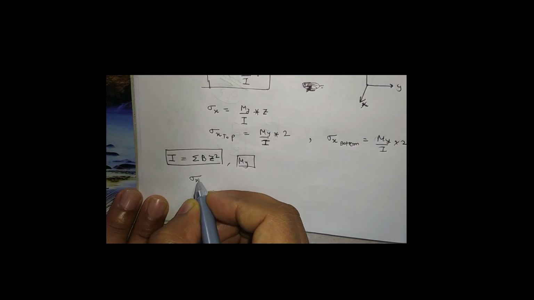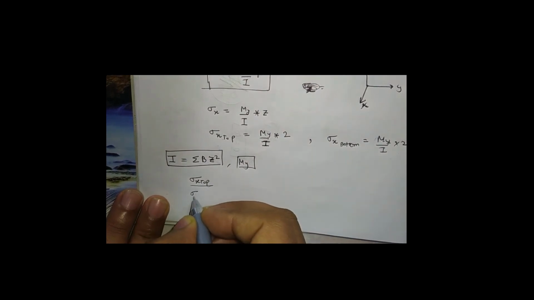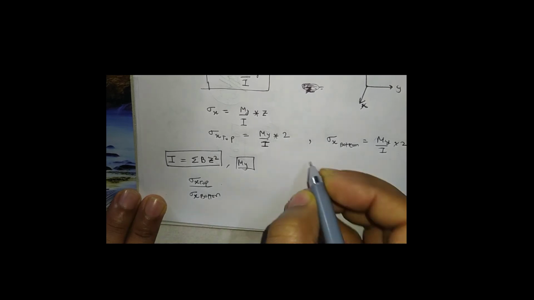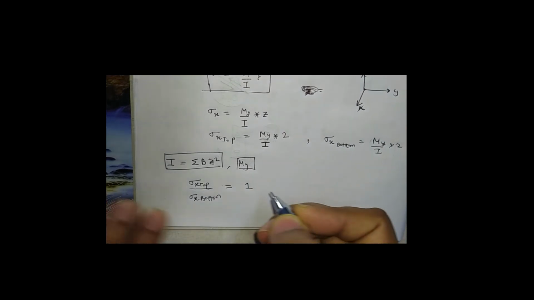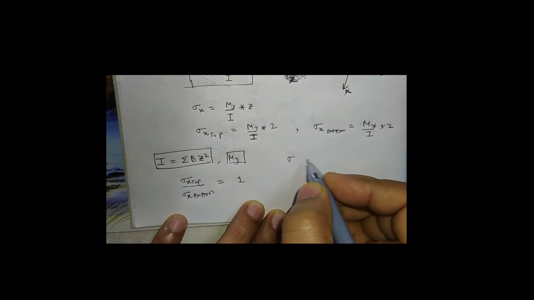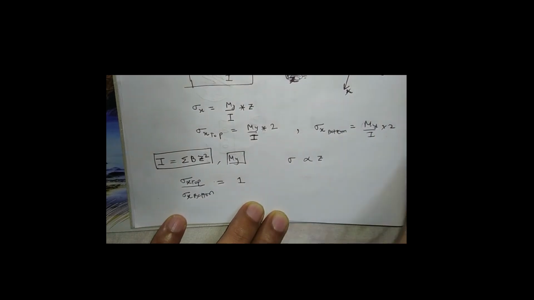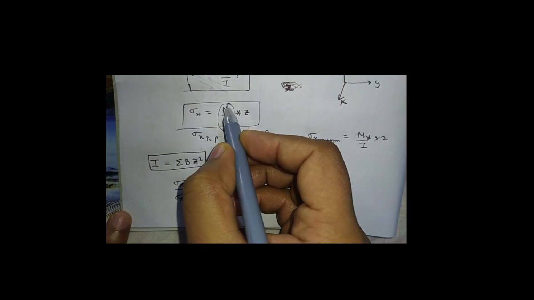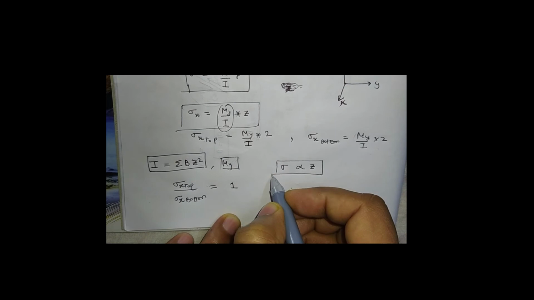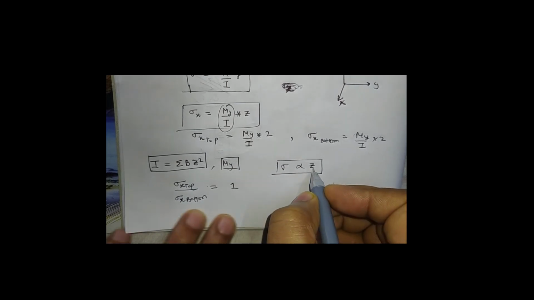So sigma at the top boom and the bottom boom will have a ratio equal to 1. Why? Because sigma is directly proportional to z, as the rest is constant, and z for the top boom is 2 cm and for the bottom boom is also 2 cm.